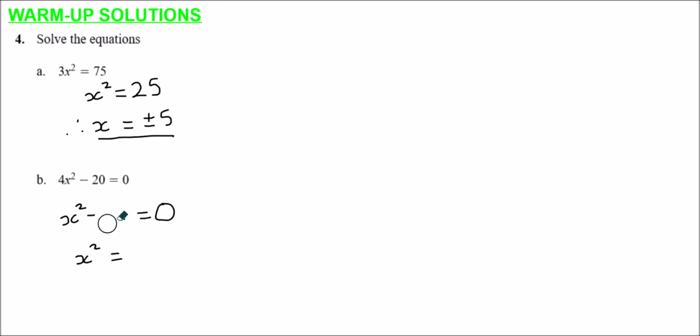That's a schoolboy mistake. Big apologies. So x squared equals 5. Therefore, in the same way as before, x is going to be plus or minus the square root of 5. And those are the warm-up questions complete.